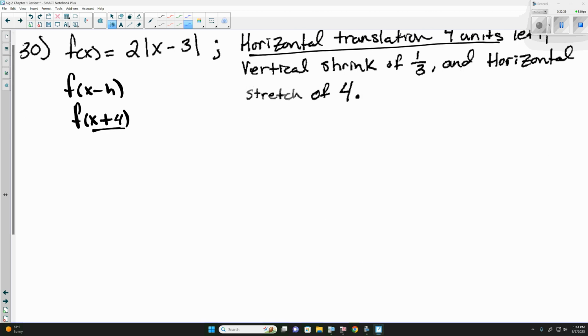Now, we don't have f of x anymore, we have f of x plus 4, which means every x in the function must be replaced with x plus 4. So what we'll have is we still have the 2, we still have the absolute value bars, but instead of x, we have x plus 4 minus 3.